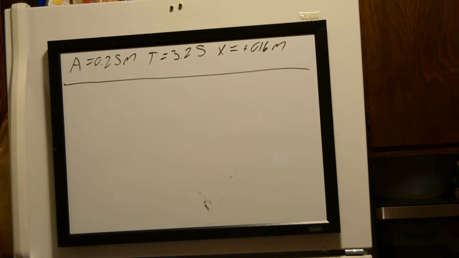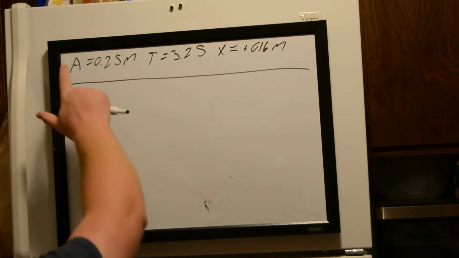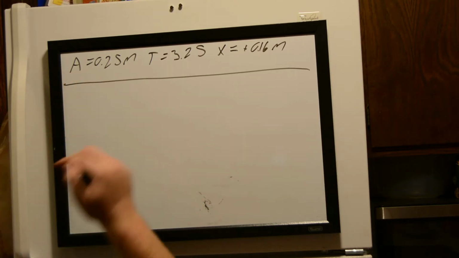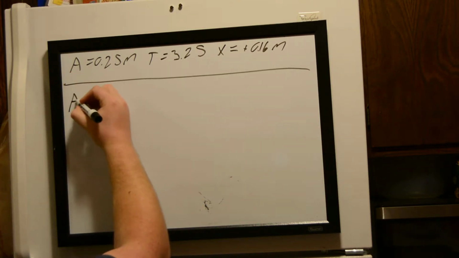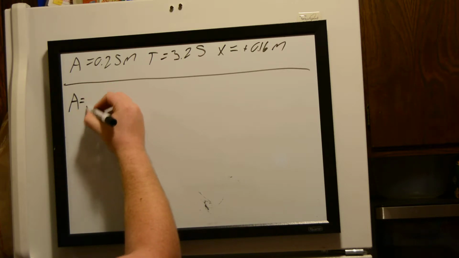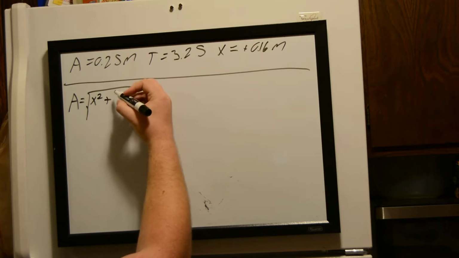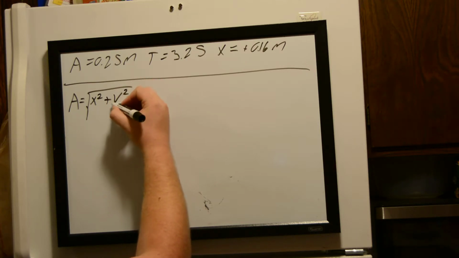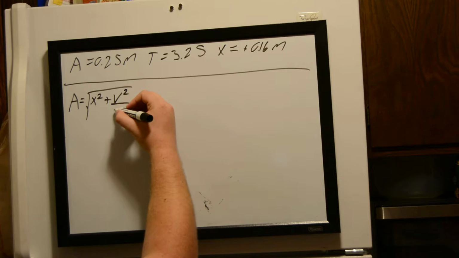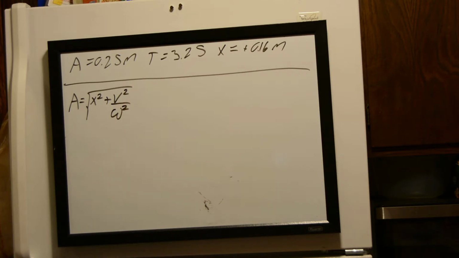However, we do have an equation that relates amplitude to velocity. That is given by amplitude is equal to the square root of our position squared plus velocity squared over angular velocity squared.